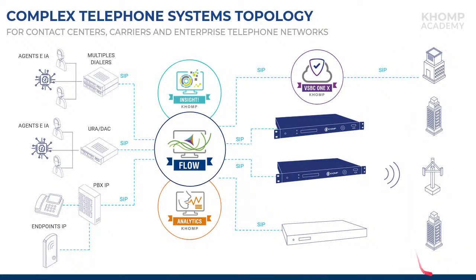Everything that happens between carriers, gateways, SBCs, dialers and VoIP engines is going to be collected by the Flow, and the Flow is going to send it to the Insight. So the Insight is going to show you in a graphical way, in a dashboard, everything about what's happening in this complex telephone system.